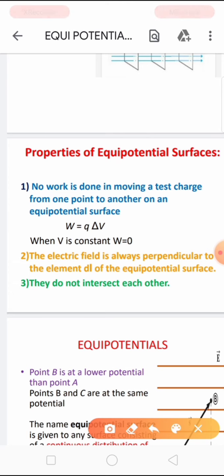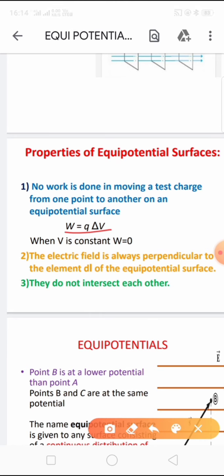Work done W is equal to Q del V. This formula we have already discussed. The work done to move a charge through potential difference del V is W equal to Q del V. So del V is 0, W is equal to 0. That is, no work is done to move a charge on an equipotential surface.